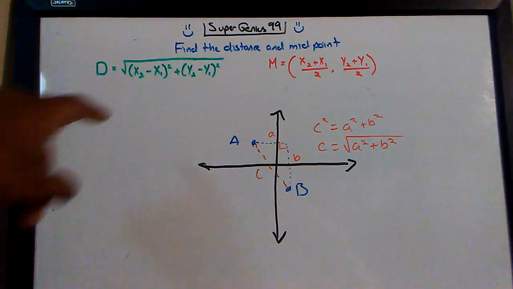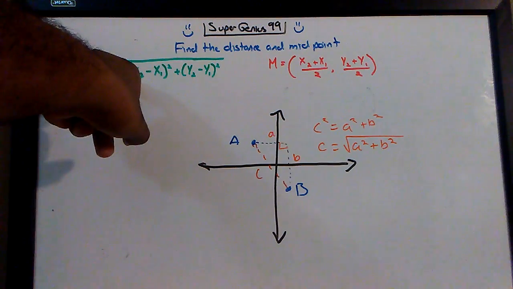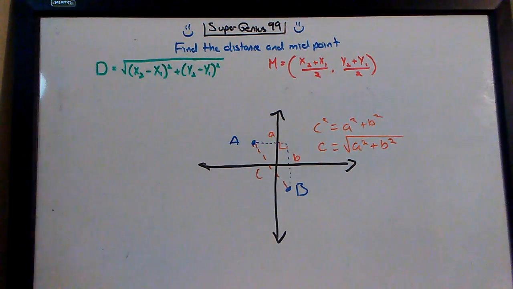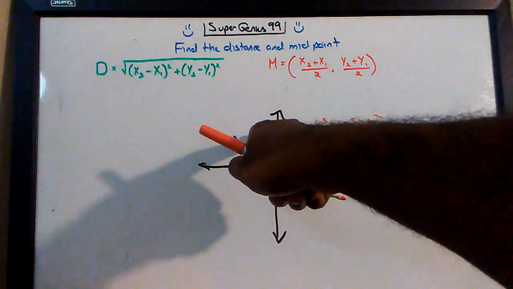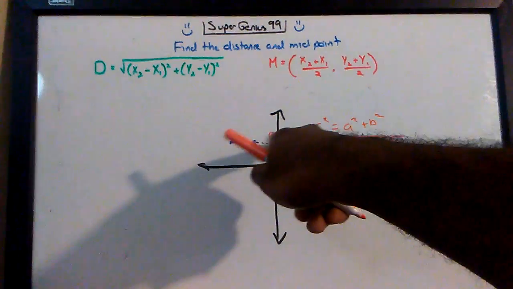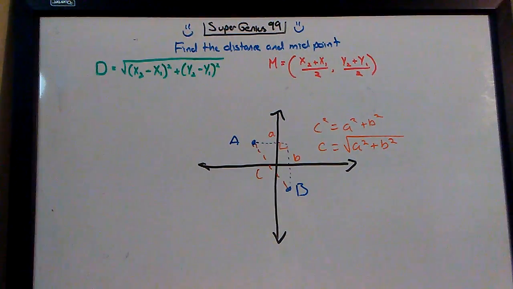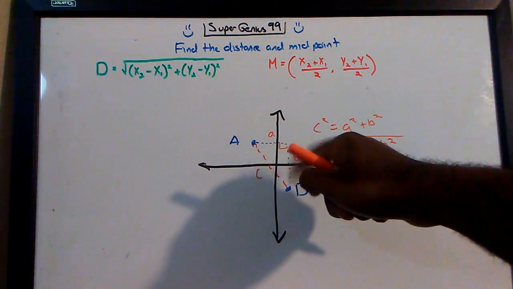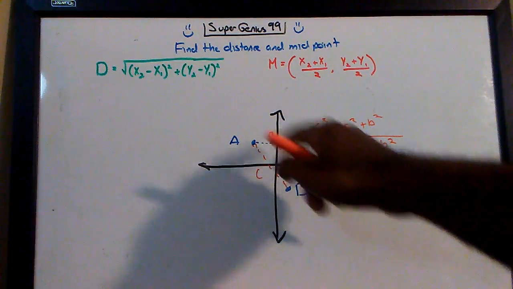So a, in your distance formula, x2 minus x1, that's the length of your a between here and here. That's how you figure out the length there. And then b is the distance between the y values.